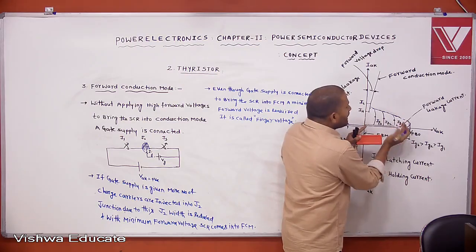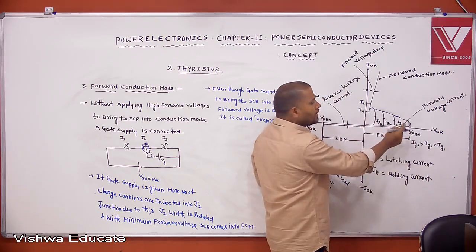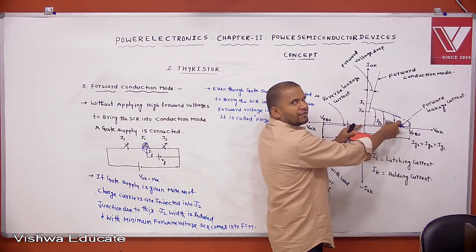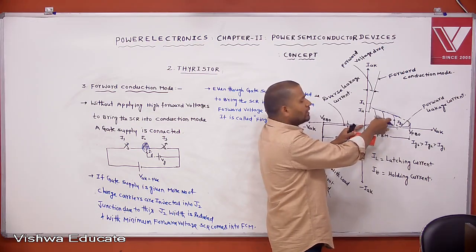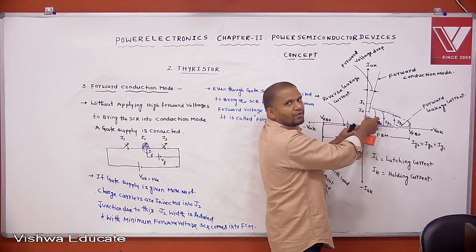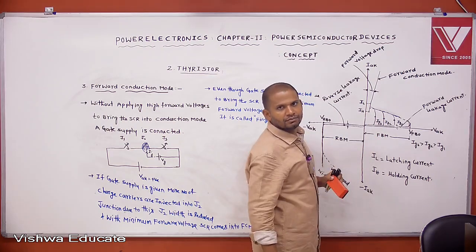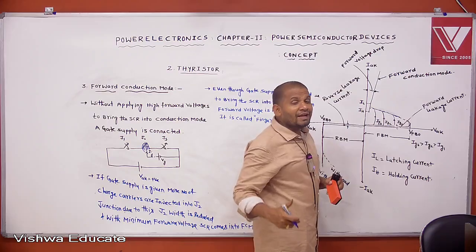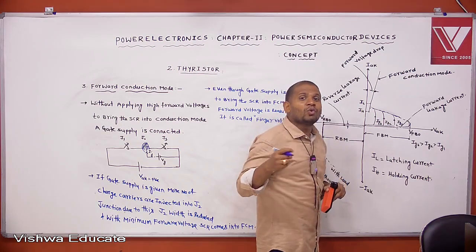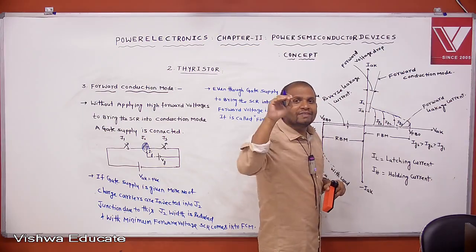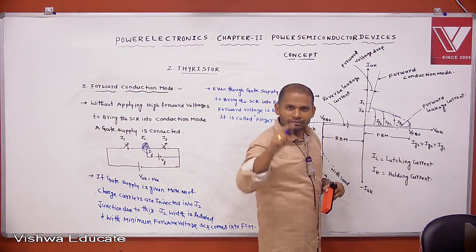For IC1 current, this much of forward voltage is required. For IC2 current, this much of forward voltage is required. For IC3 current, this much of forward voltage is required. That means, if the gate current is increased, the forward voltage required to bring the SCR into conduction mode is reduced.